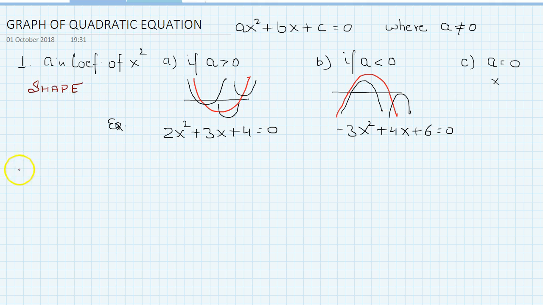Number two, now in a quadratic there may be three types of graph. One is this, another one is just touching, and the third one is not touching.